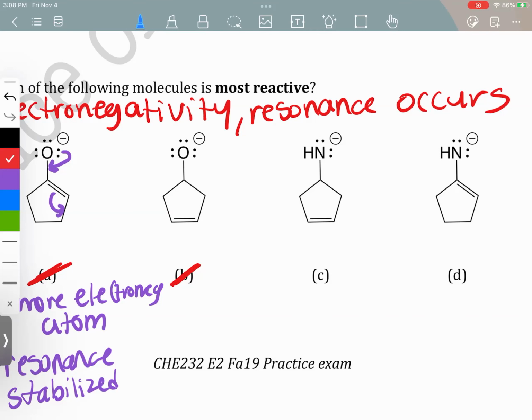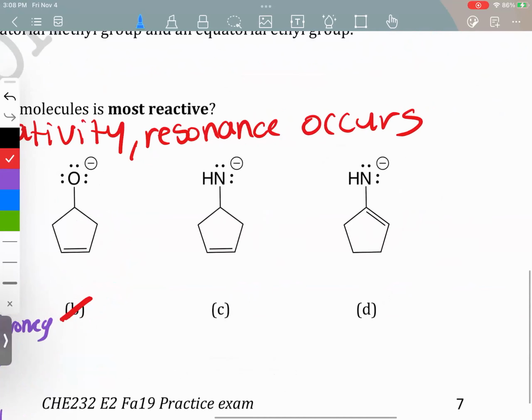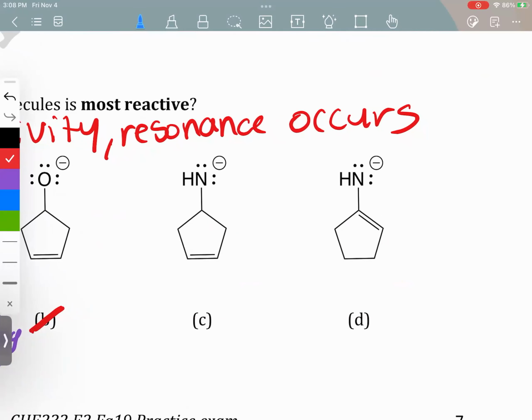Now we have these two nitrogens, C and D. Between these two, which one do you know is definitely the most reactive? C. Right, C. Why is C more reactive than D? Because D can resonate down there. D can resonate.